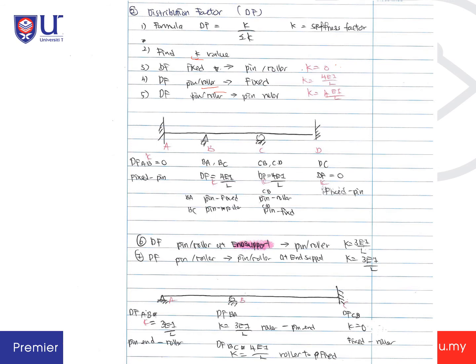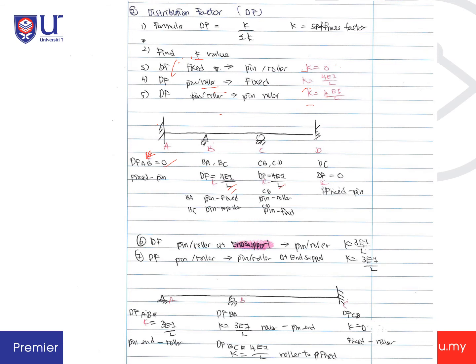But then, we will go to the first example first. A to B, fixed to pin, the K, KAB, will be 0. This is the value for K. B to A will be 4EI over L, same as the previous method.